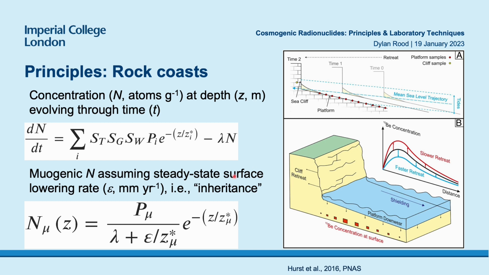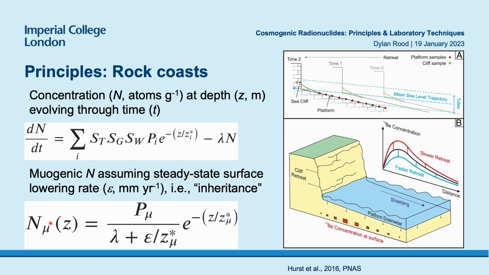There's one other thing that's important here, which is this idea of inheritance: prior to this platform being formed, there was some production by deeply penetrating muons within the cliff. We can correct and subtract out that inherited component, the component that was produced prior to the formation of the platform, using the lower equation here, which solves as a function of depth for the nuclide abundance, the concentration of the muon-produced beryllium-10, assuming a steady-state surface lowering rate, this erosion rate in millimeters per year.